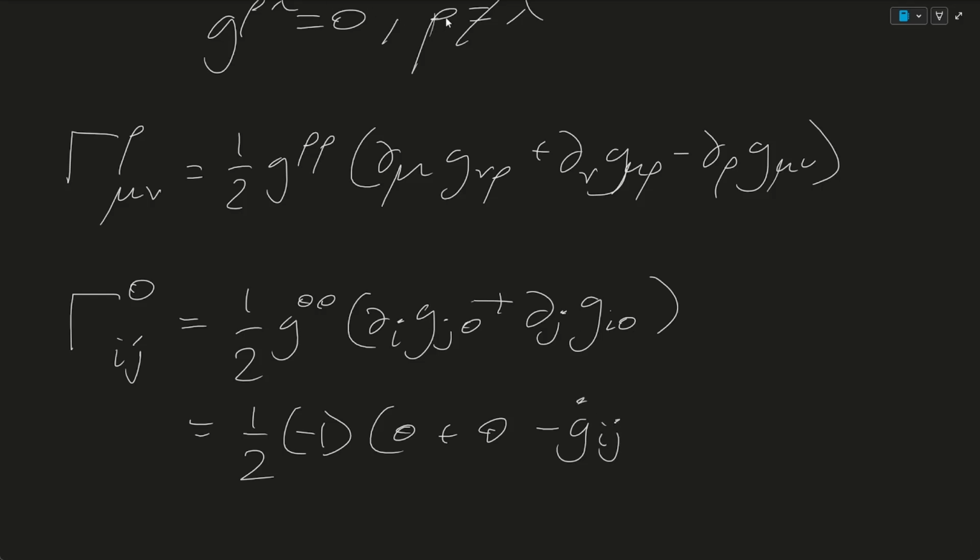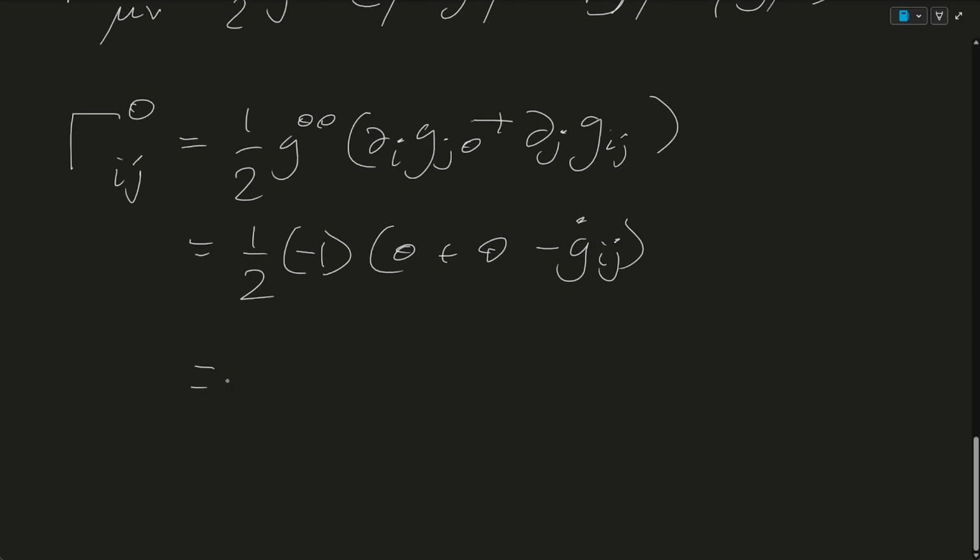I meant ij, not i0. This is simply half g dot ij.